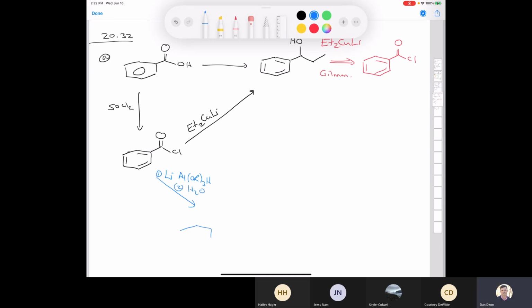And that would give you benzaldehyde. And if you had benzaldehyde, in that case, yeah, you could treat it with ethyl magnesium bromide. Yes, that would work. Followed by treatment with aqueous acid, or in our book, it always says H2O. Yeah, does that help?